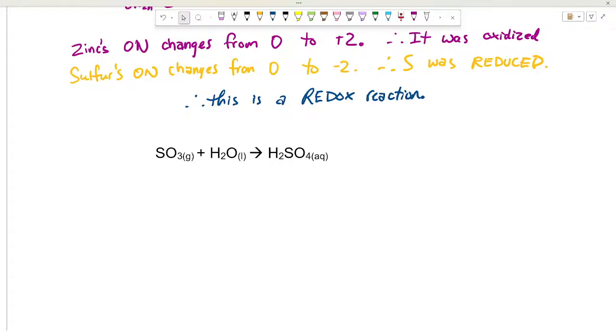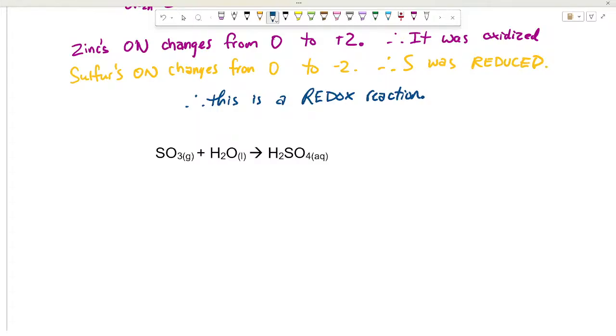What about this one? Hydrogen is always +1 or -1, but only -1 if it's with a metal, though there are some rare cases. But here, hydrogen's not going to change, oxygen's not going to change.